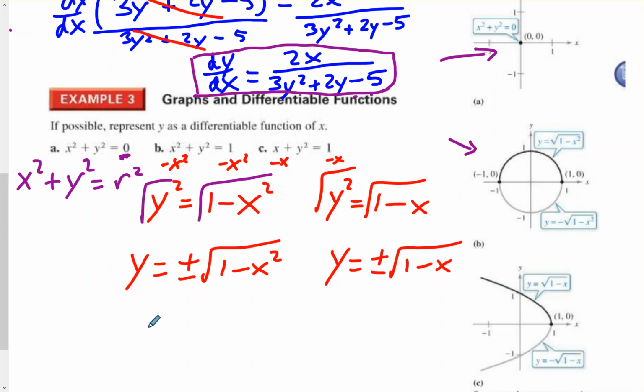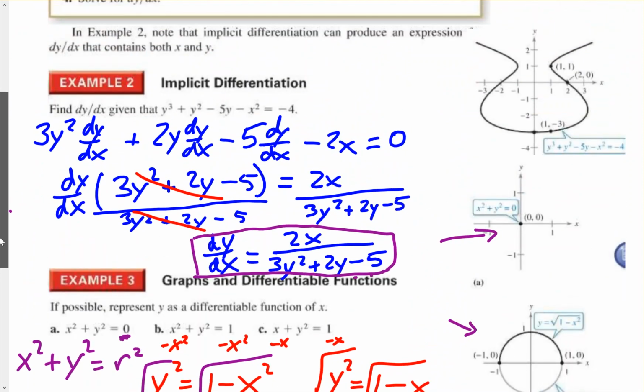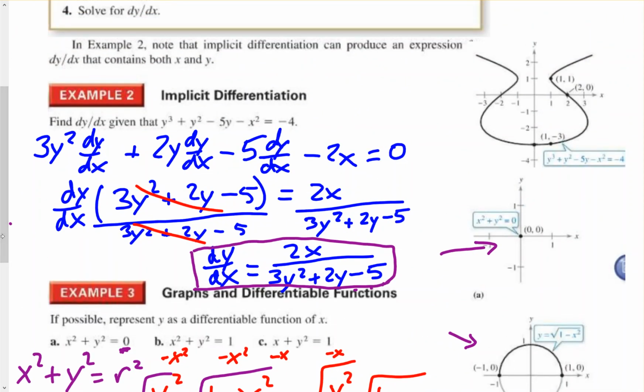Okay, and so we're trying to show that if we could write the equation as y in terms of x, then we could do a simple derivative, explicitly, like the old way. Now the problem occurs when we get the equations to look like what we had up here with the y cubed plus the y squared minus 5y minus x squared.